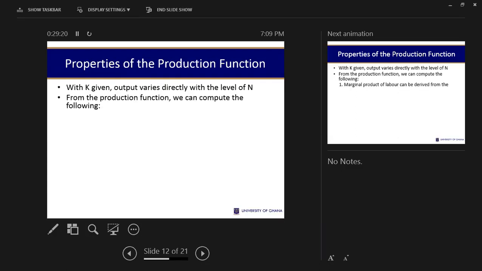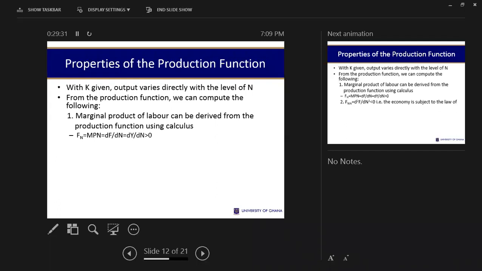And also from the production function, we can compute our marginal product of labor. The production function is given as Y equals F, being a function of N. Now let's just eliminate the K. Even if K is there, if you want to find your marginal product of labor, you just differentiate your production function with respect to labor, here N. When you differentiate Y with respect to N, you get your marginal product of labor.